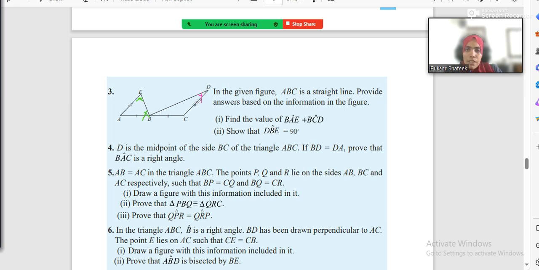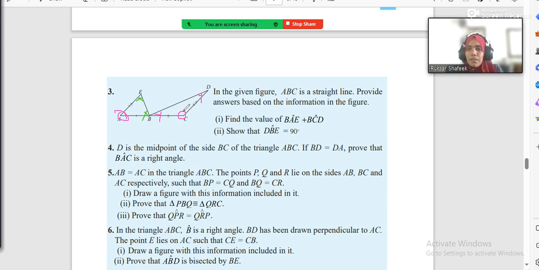So if this is y, this angle is also going to be y. All right, problem solved? Not yet. We need to find the value of BAE plus BCD, these two angles.